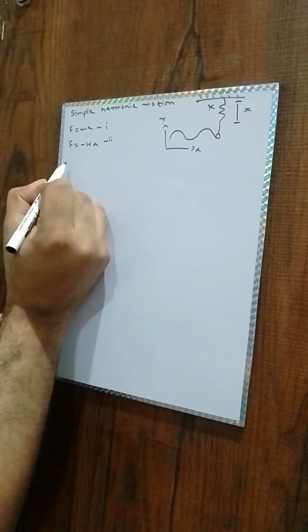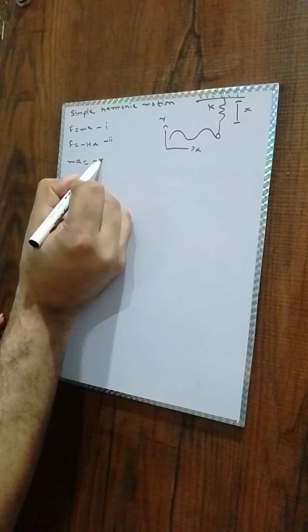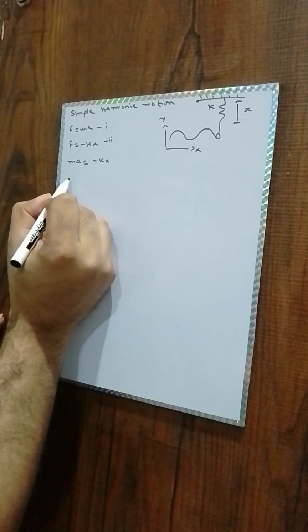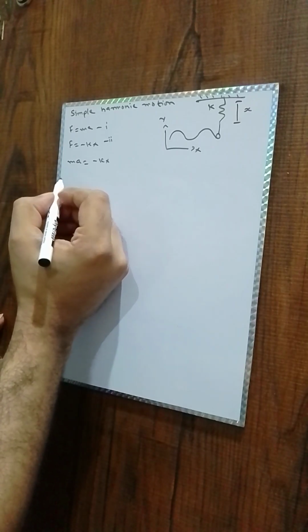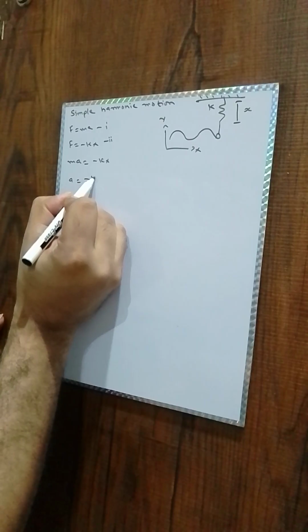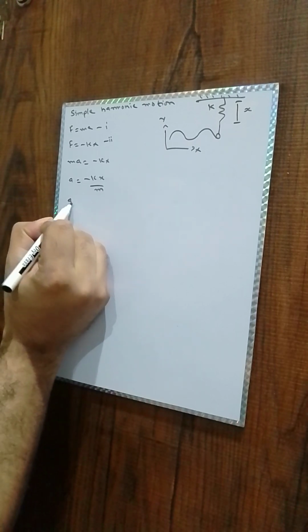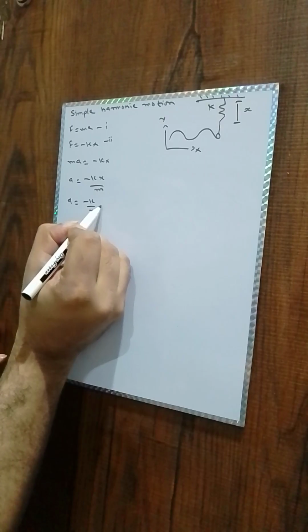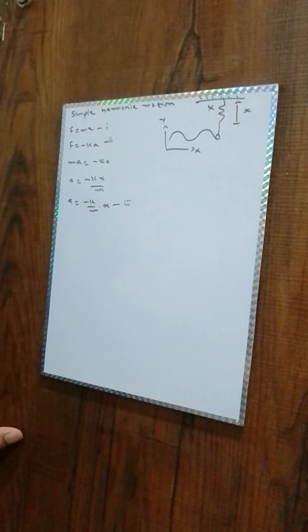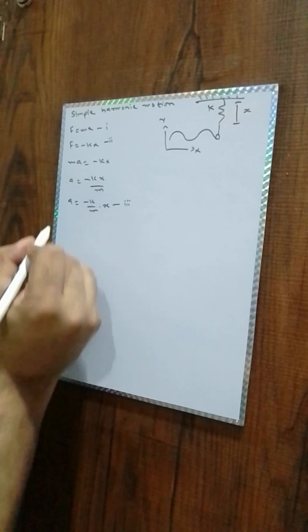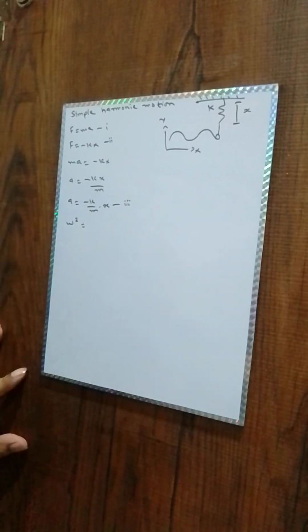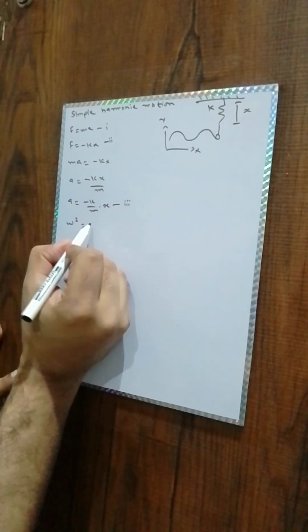We can equate the two. Ma is equal to minus kx, which means that a is equal to minus kx by m, and a is equal to minus k by m dot x. And we also know from mechanics that the square of the angular velocity is basically equal to k by m.